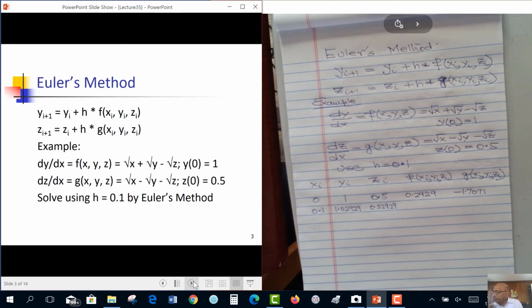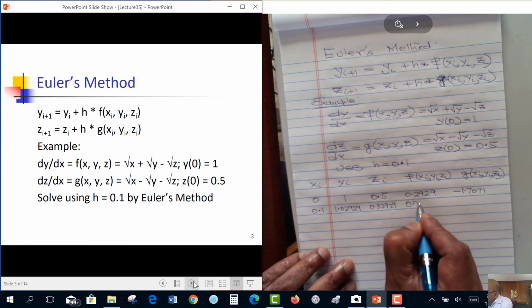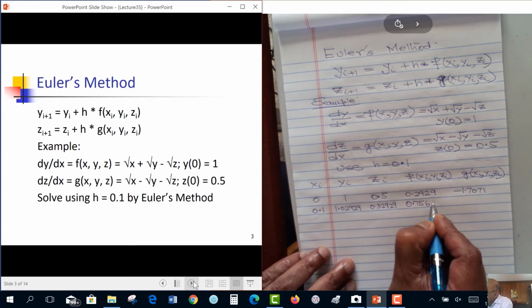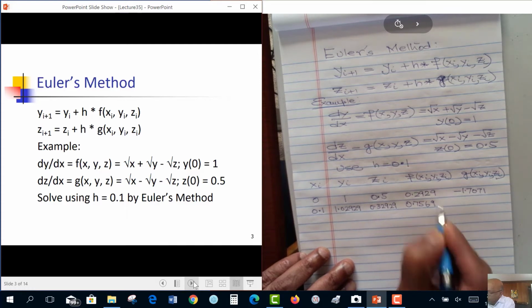Let's do one more iteration. I hope you are doing it with me. So let's evaluate the function. So we have square root of 0.1 plus square root of 1.02929 minus square root of 0.32929. So we will get 0.7569.